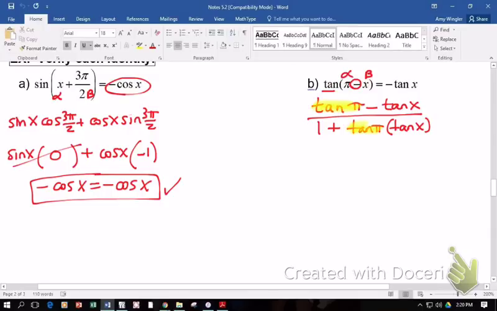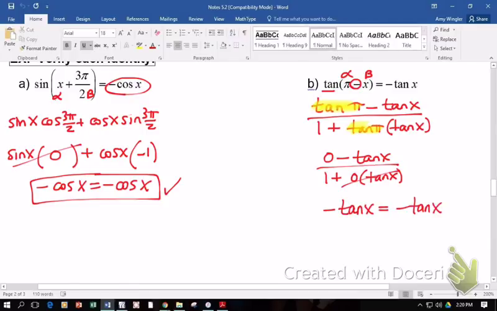The tangent of pi is going to be 0 over negative 1, which is 0, minus the tangent of x, and then 1 plus 0 times the tangent of x. Well, again, 0 times anything is just 0, so that cancels out, and you're left with negative tangent of x over 1, which is just negative tangent of x, and that's what you want for your final answer. So don't forget to celebrate.